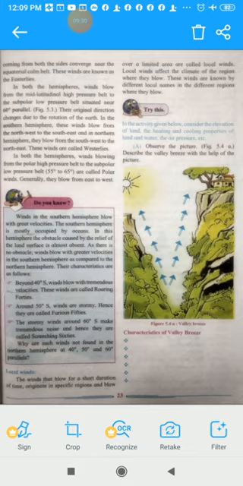In this hemisphere, the obstacle caused by the relief of the land surface is almost absent. So the obstacles, the difficulties, the problems caused due to the relief of land surface are almost absent because it is covered with the ocean area, the southern hemisphere, okay.